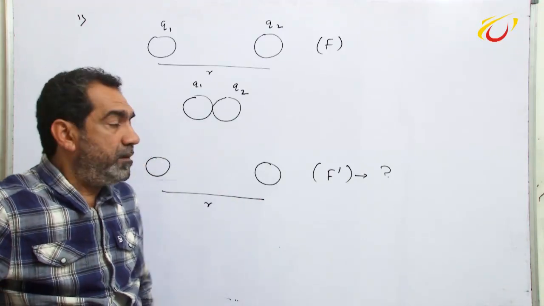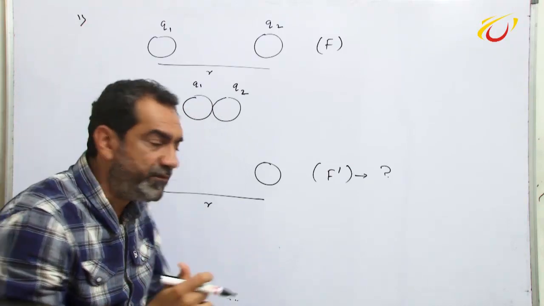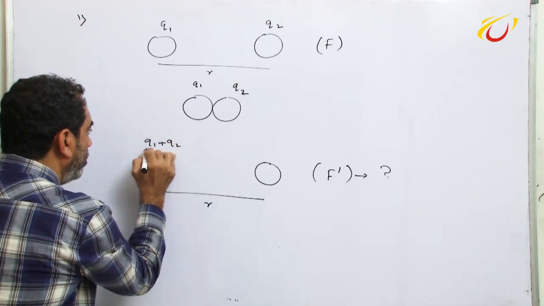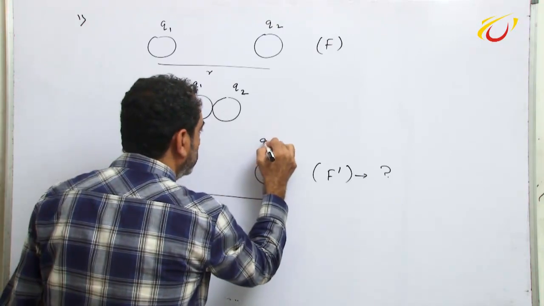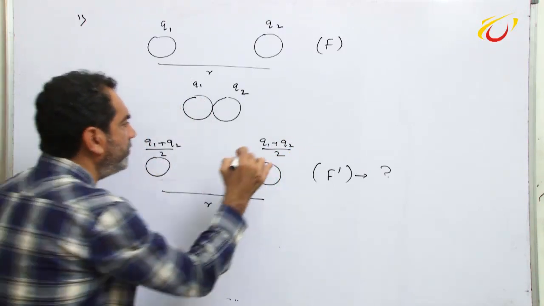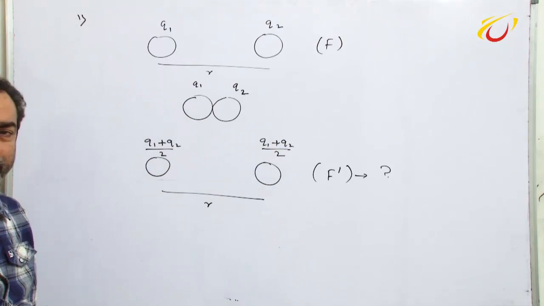First of all, when you touch them, both charges will become (Q1 plus Q2) divided by 2. Do you all agree?